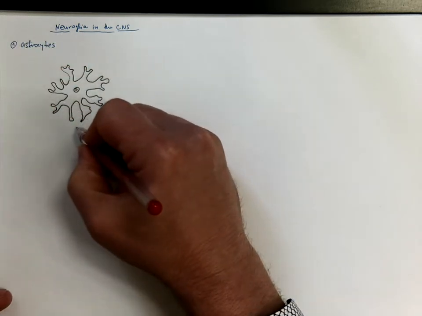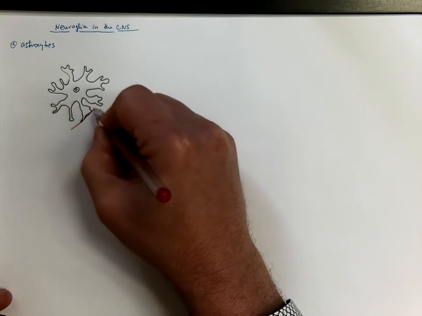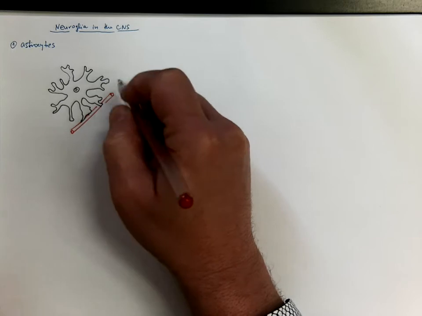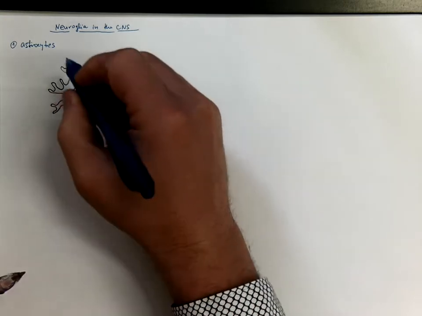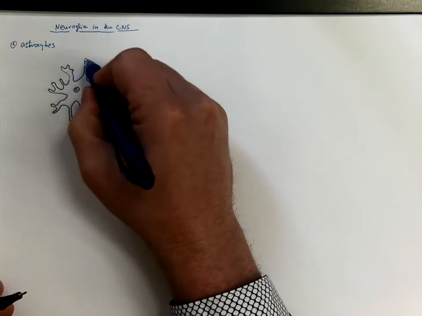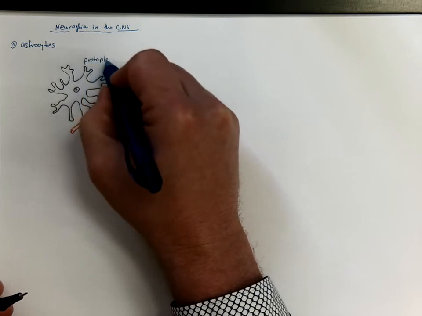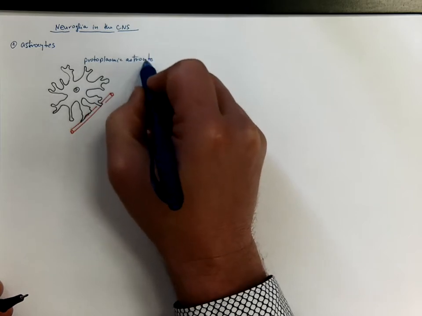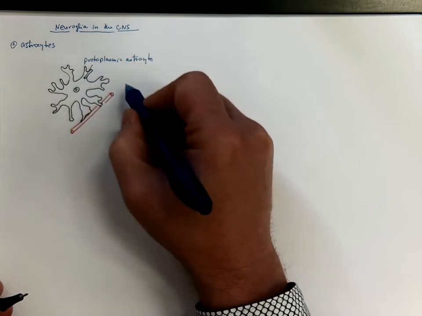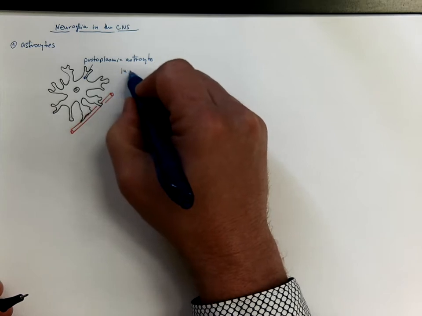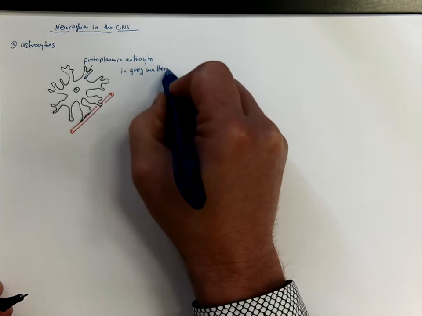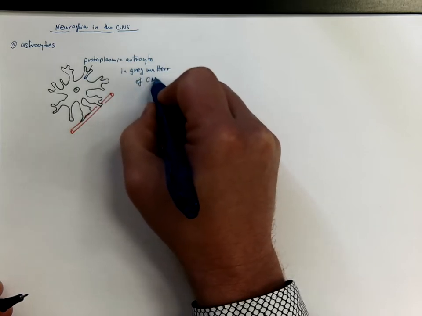Their end feet are touching and even embracing the capillaries in the central nervous system. So these are protoplasmic astrocytes. There's plenty of cytoplasm here, and they occur in the gray matter of the central nervous system.